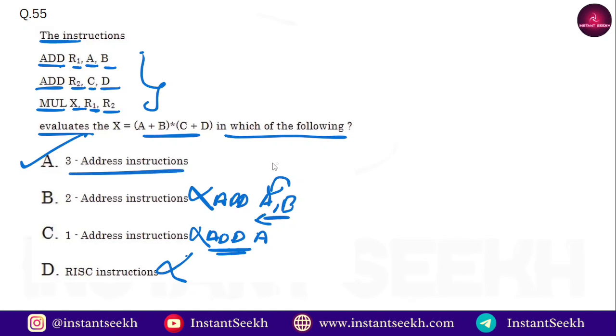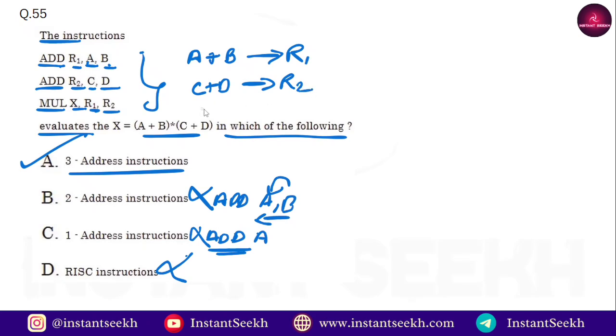Now how? See, 3 address instructions are a type of computer architecture instruction where each instruction specifies 3 addresses or 3 operands. So the instruction add R1 comma A comma B adds the values of A and B and stores the result in R1. Next, add R2 comma C comma D adds the values of C and D and stores it in R2.